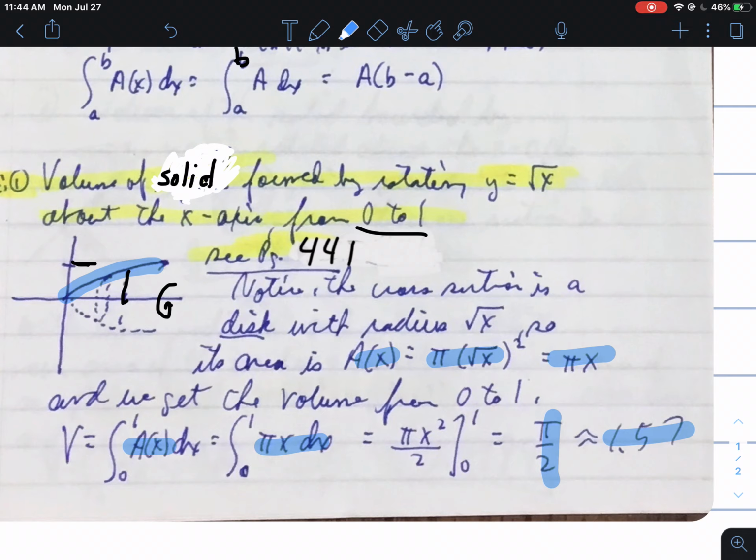Your main goal is to define the radius. How do I define the radius of that cross section? And then we integrate over our interval, whatever that happens to be, of our area, pi r squared dx, and then approximate the integral.